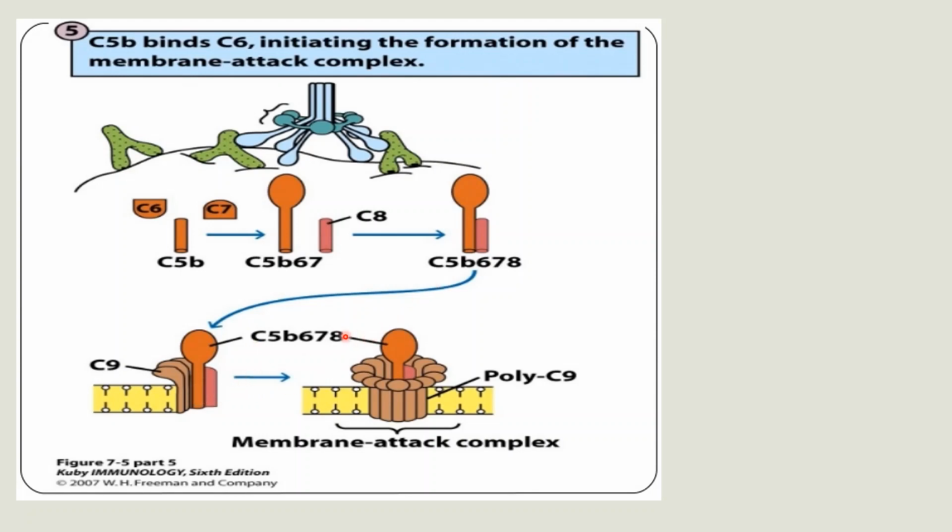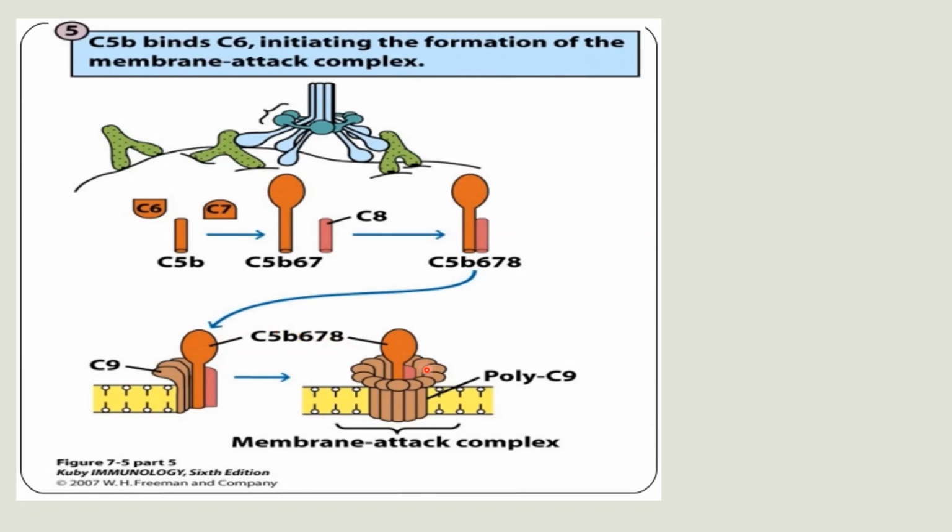The final step is the binding and polymerization of C9. This is C9. Approximately 10 to 70 molecules of C9 can bind and polymerize around this single C5b678 complex.